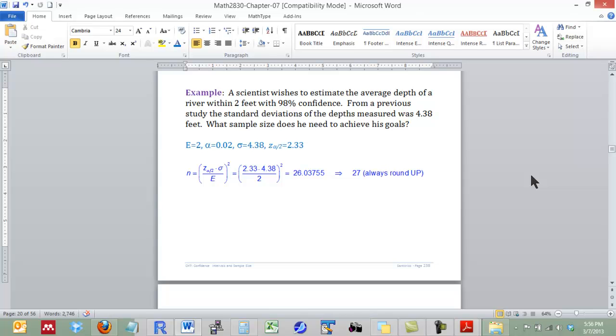And the critical value, or the z, that corresponds to that 98%, we found earlier, and it's 2.33. So when you went through your calculations, you should have come up with a value a little over 26. And so to reach these goals, the scientists would need, rounding up, 27 measurements to achieve those goals. All right, so that's a sample size calculation example.